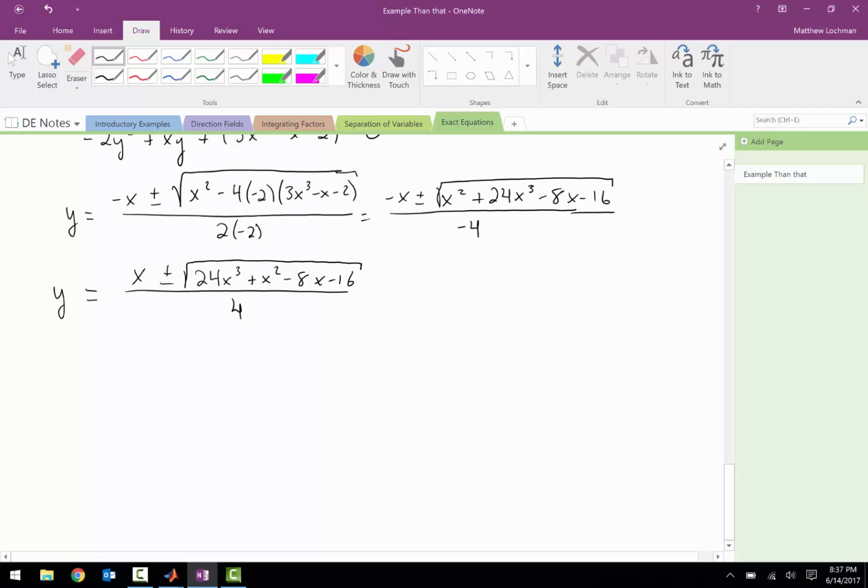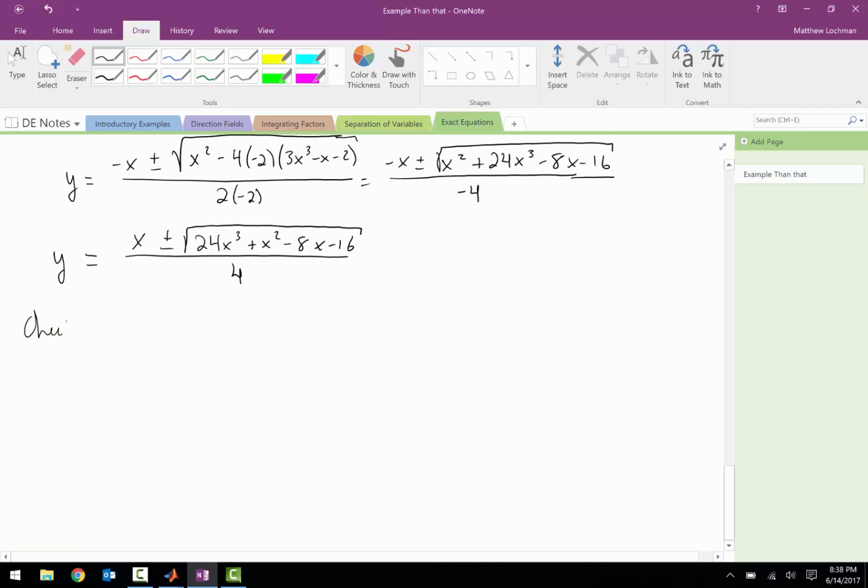Okay, so let's come back here. We have two roots, the plus and the minus. We do need to pick the one that works with our initial condition, even though we already used the initial condition. So let's check. That's okay. y of 1 equals 0.